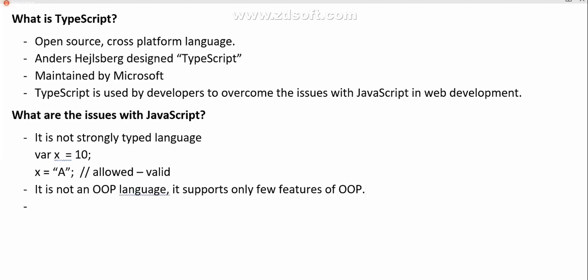So code level security and reusability concerns, several issues are there. It is not complete object oriented programming.